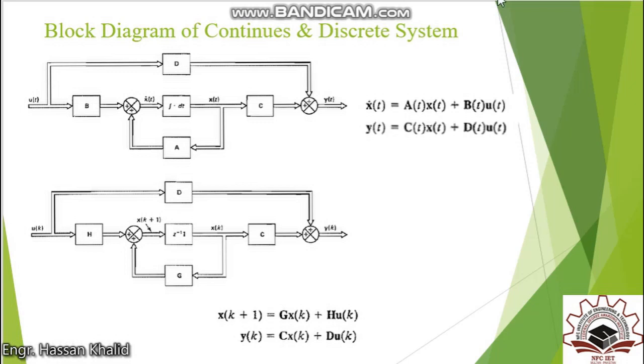Now let us draw the comparison between the block diagram of a continuous and a discrete system. In the continuous system, the state vector is x of t, whereas in the discrete it is defined by x of k. In the continuous domain we use integration, and in the discrete domain we use the z transformation.